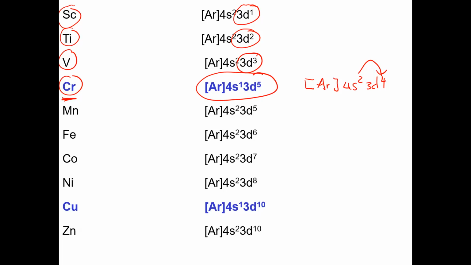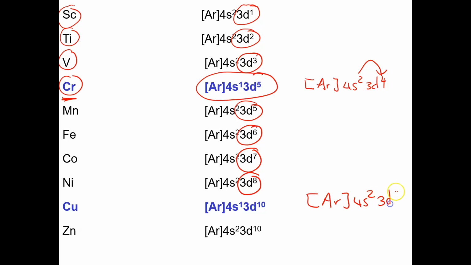Okay, for manganese, it continues with the expected pattern. We add a 5th electron to the 3d. Iron continues the expected pattern. We add a 6th electron to the 3d. Cobalt, we add a 7th electron. Nickel, 8.